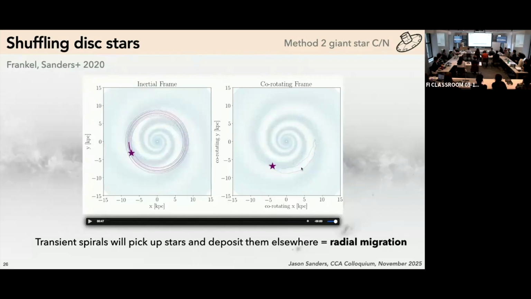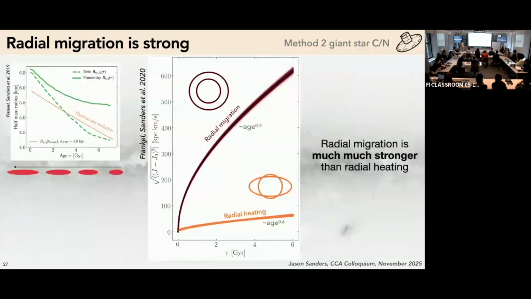It's essentially a way to move stars through the disk, keeping them relatively cold, so on near circular orbits without significant heating. And in our models, we added in some of these effects and demonstrated that this process of radial migration, where you move from circular orbit to circular orbit in the galaxy, is a significantly stronger effect than radial heating, which moves you from circular orbits to more eccentric orbits. This is just a cartoon. The orbits aren't really closed in the galaxy like this.